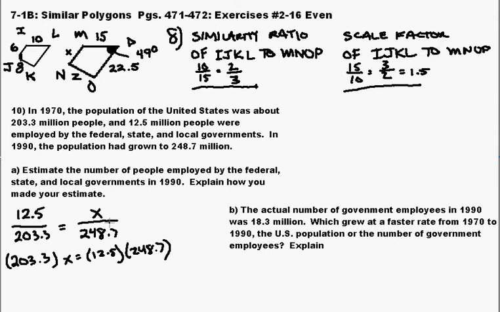So, using my handy dandy calculator and multiplying 12.5 times 248.7, I wind up with 3,108,750,000. So we have 203.3x is equal to 3,108,700.75.